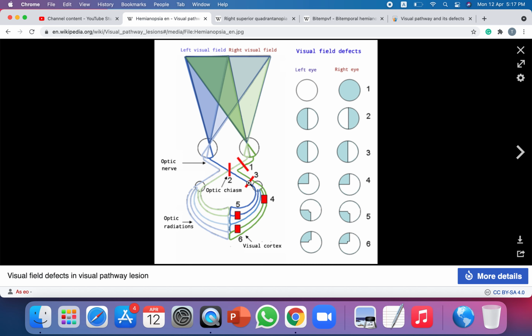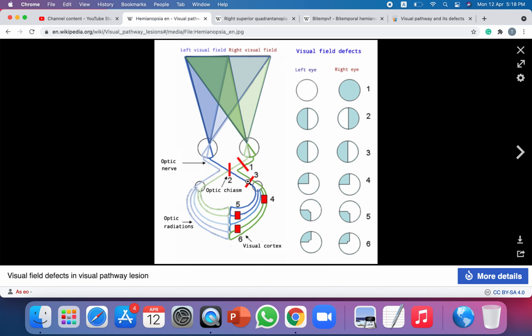Number 3 is called the optic tract. If the optic tract is cut or damaged on the right side, then what happens? The temporal fiber of the right side will be damaged and the nasal fiber of the left side will be damaged. Why? Because the nasal fiber of the left side is crossed.